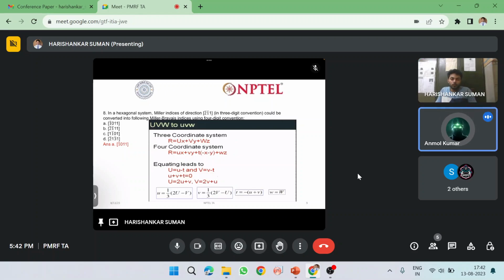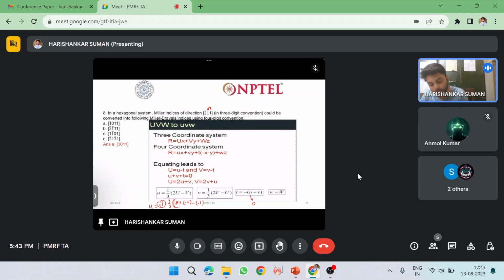It is probably one bar, yes, one bar 0 1 1. Okay, so then clear. Let's calculate: 1 by 3, 2 times U. So 2 into U, V, W: minus 2, minus 1, 4, 3. So this is 1, minus 1, and this is 0.